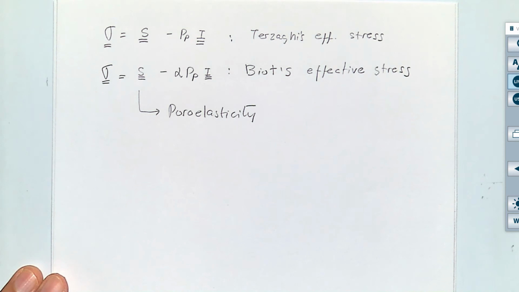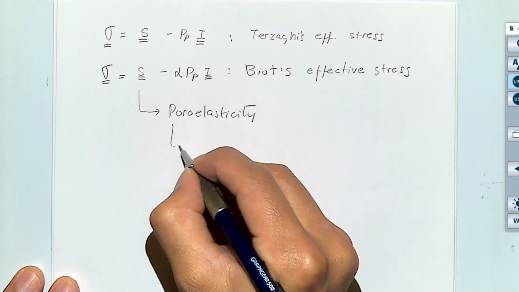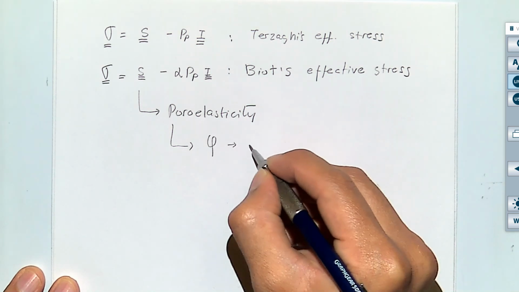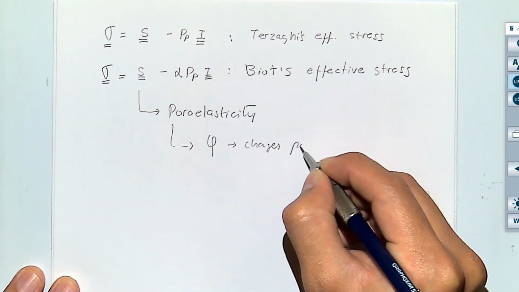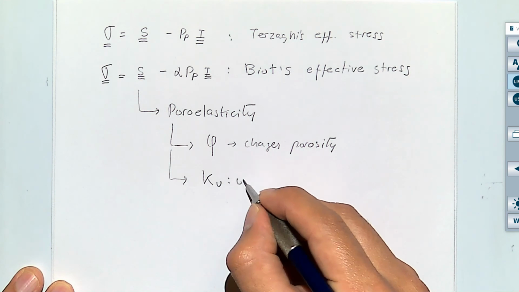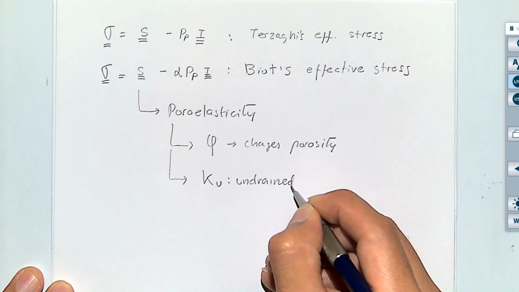Poroelasticity includes that, but it's also going to tell you what changes of porosity you have when you have a loading of stress and a loading of fluid pressure. Poroelasticity is going to tell you what is, for example, the bulk modulus in presence of a fluid, when you have a fluid inside, something that we're going to call later on Ku, which is called undrained bulk modulus.